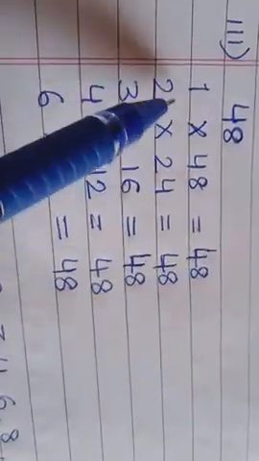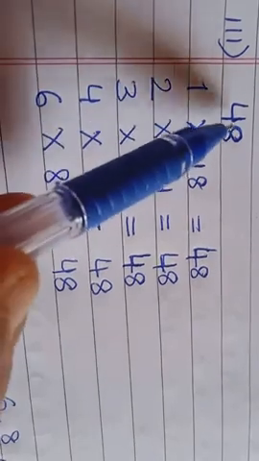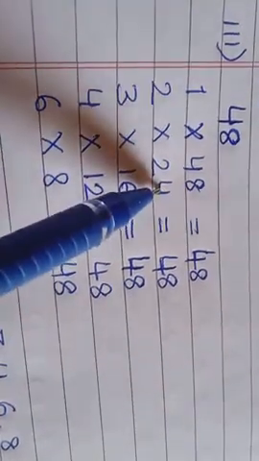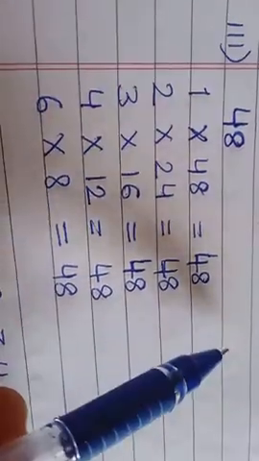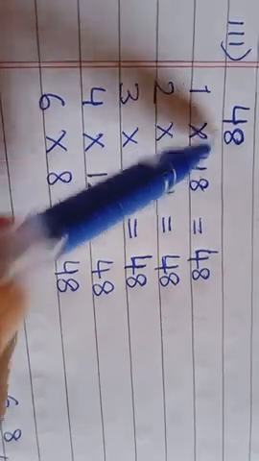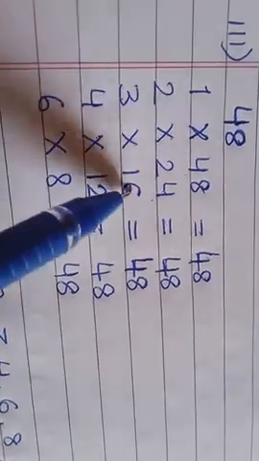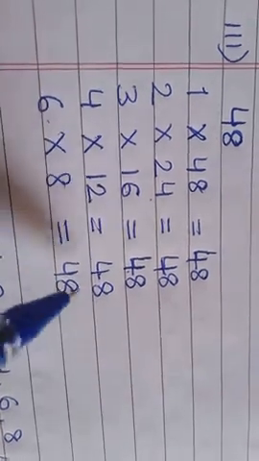Now 48. 48 has many factors, you can see. 1 48s are 48. 2 24s are 48. 48 divided by 2 gives 24. 48 divided by 3 gives 16. But to avoid all this confusion, you can do 2 2s are 4, 2 4s are 8. 3 16s are 48, 4 12s are 48, 6 8s are 48.